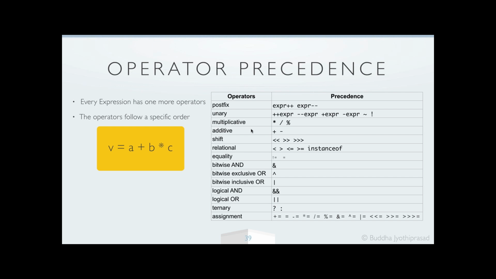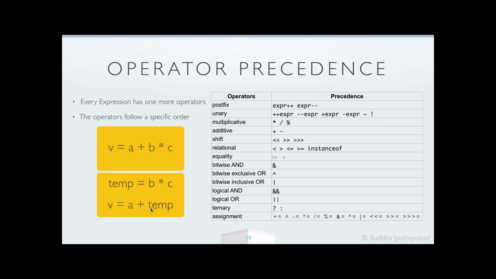If you see, the precedence will be like this: the multiplicative will have more, and then after that there is additive, and then bitwise operators. So in this expression, multiplication will happen first and then the addition. To be more clear, b and c will be multiplied and then that result will be added.